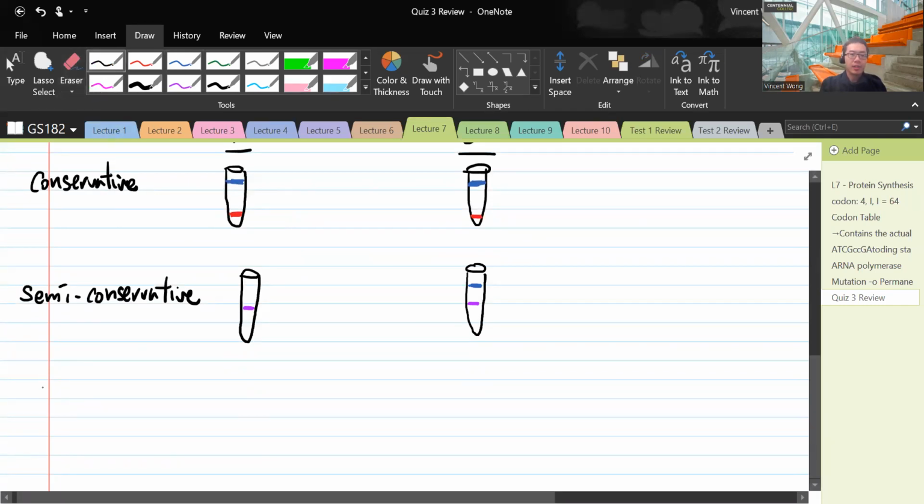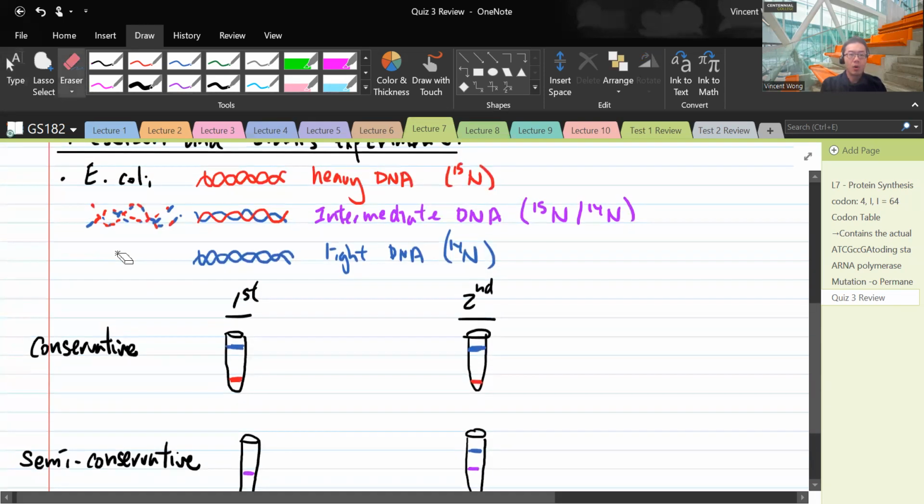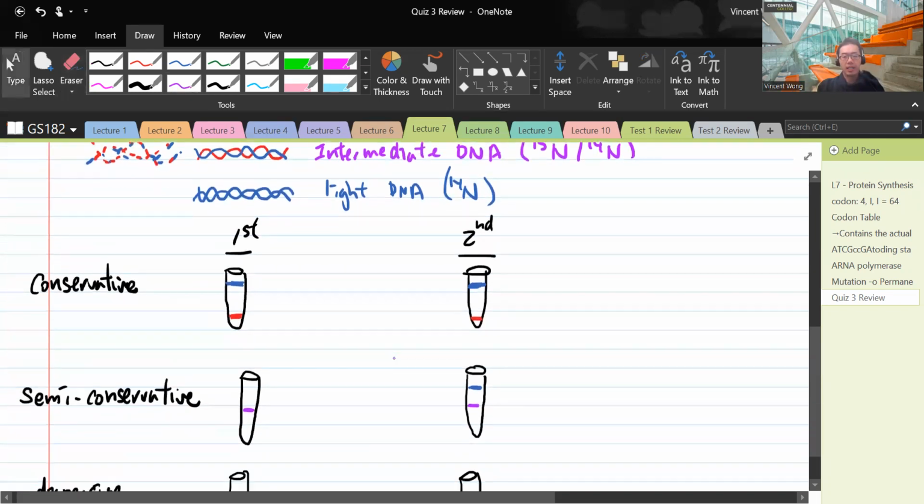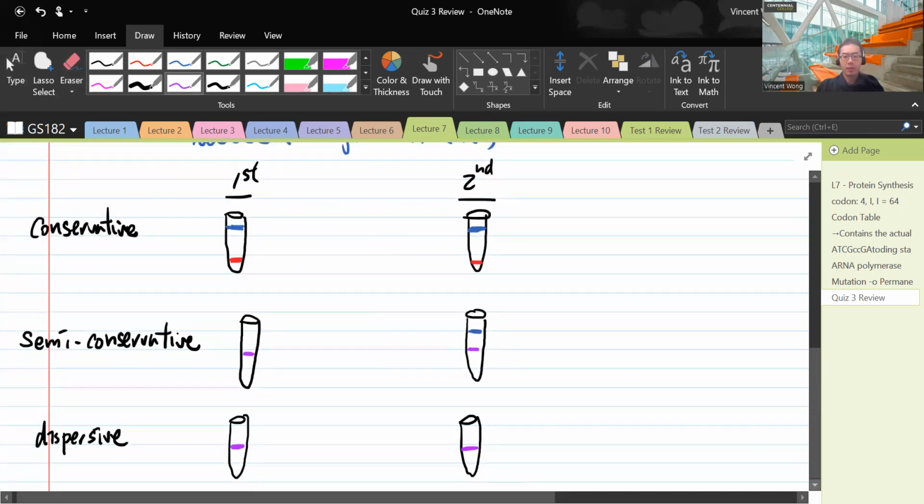Finally, there is the dispersive model. And for that case, you will have just a mixed band in the middle, right? Because dispersive means it will always look like that. It's mixed together, not restricted to one side of the DNA ladder. It's just all over the place, right?